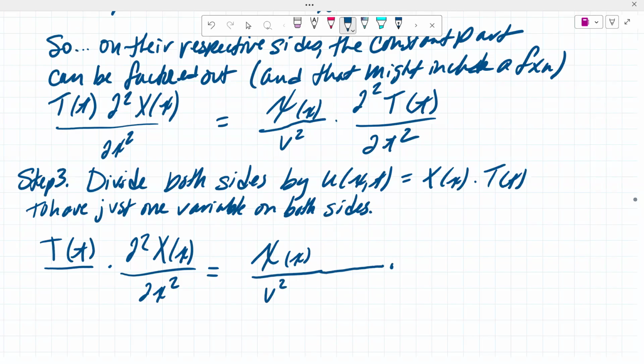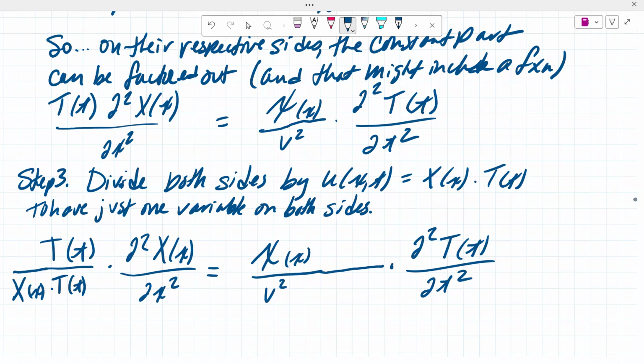And then we just bring along the rest. D squared T of t over dt squared. Now we're gonna divide out by this function right here. So to divide out means multiplying by 1 over it. So I'm just gonna put it in the denominator. Make my fraction line nice and large here. So we got X of x times T of t, and we're gonna do the same thing. Whatever you do to the left, you must also do to the right. X of x times T of t.